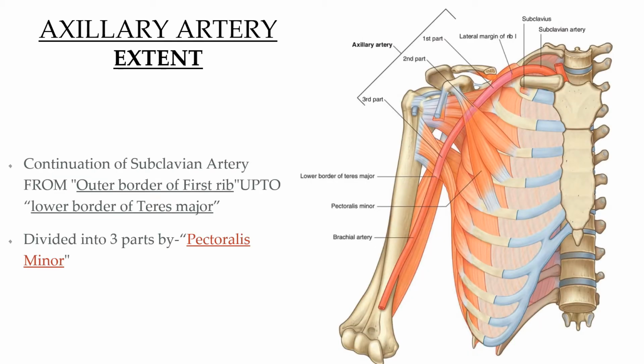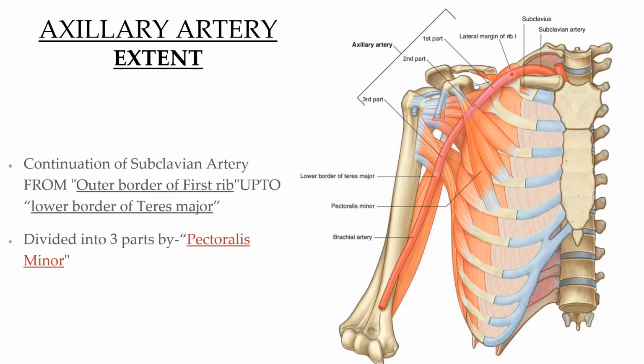Axillary artery. To understand the extent of the axillary artery, let us see the illustration on the screen. Here you can see that this is the first rib and this is the outer border of the first rib. These are the fibers of teres major muscle, and this is the inferior border of teres major muscle.